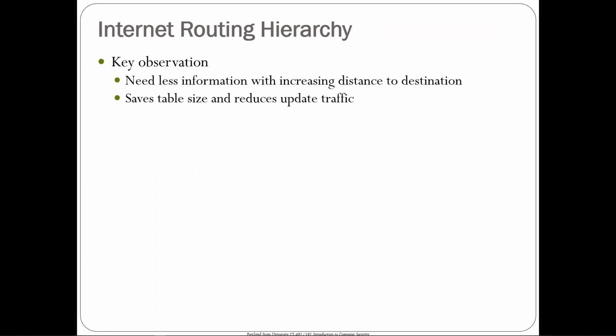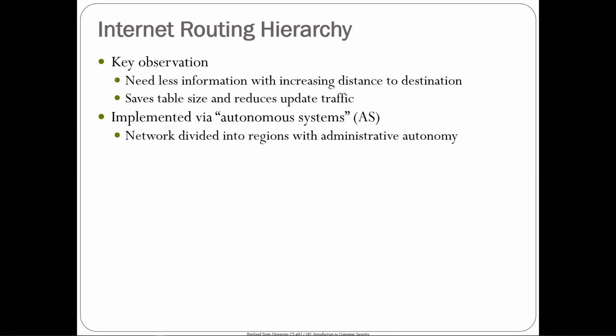The key observation here is that you need a lot less routing information the further you are from your destination. This allows you to save table size and reduce the amount of update traffic. This is implemented through a notion called autonomous systems, or ASs.